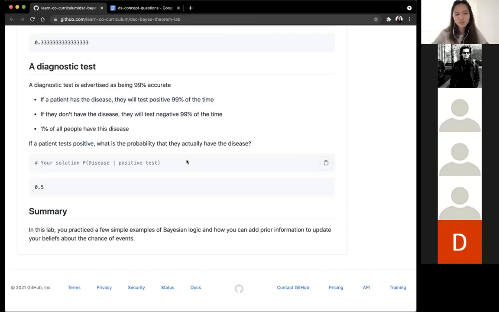They sort of give it away a little bit over here: you're looking for disease given positive test. Later, as we set up this question, you'll see that this is not equivalent to this probability over here. Rather, this is equivalent to the flipped probability: what's the probability of getting a positive test given that you have the disease. We'll set that up later, but any questions on this setup before we get into the math of it all?